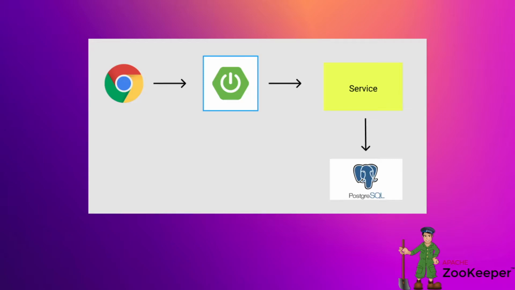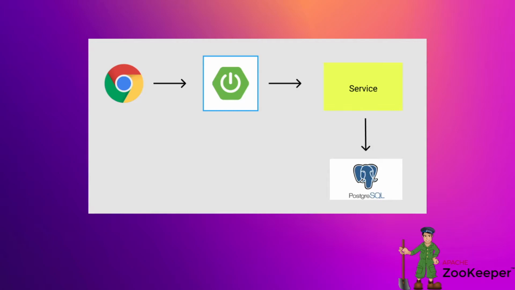Just to give a little bit of a diagram to see how this actually works, we're going to take this example. We have a client. Our client could be a web browser, but it could be anything you want. And this web browser is interacting with a web application.